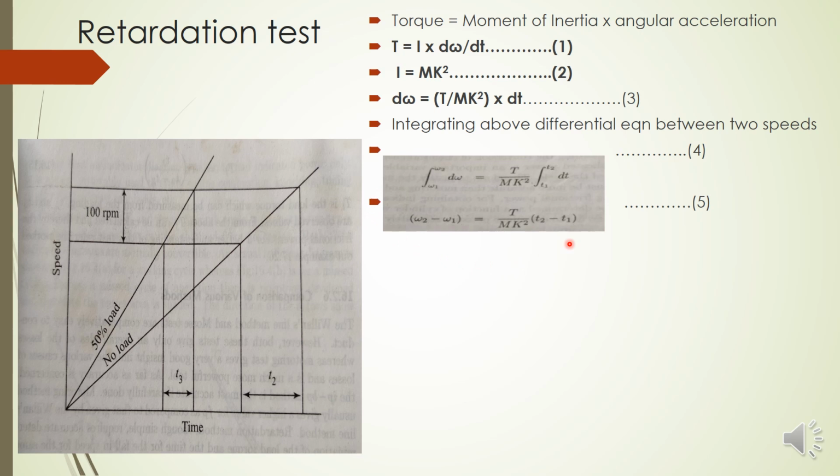So this is the equation we get after integrating the differential equation between two different speeds. Now you should substitute these two cases.